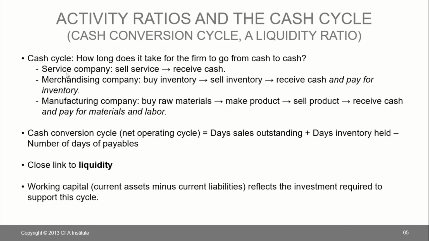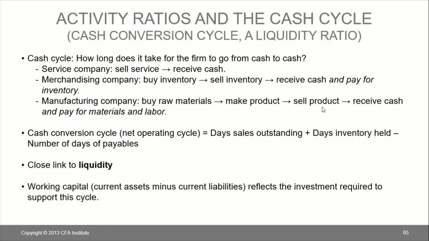So if you are a service company, ito yung pinakasimple. You just simply sell your service and then you receive back your cash. While in merchandising, pag ito yung mga nagre-retail lang, you buy your inventory, you sell your inventory, you receive cash and pay for the inventory. While in a manufacturing company, you buy your raw materials and then you make your product.